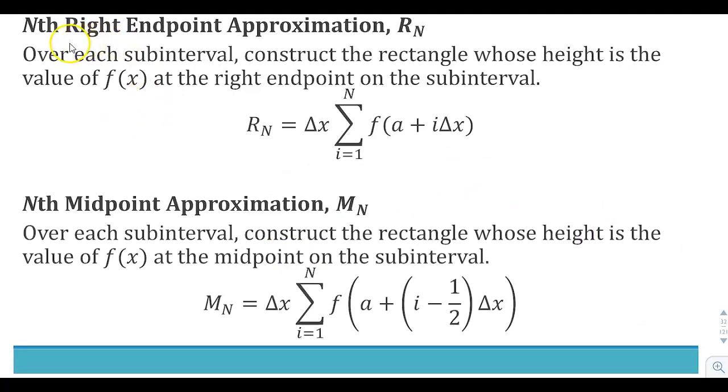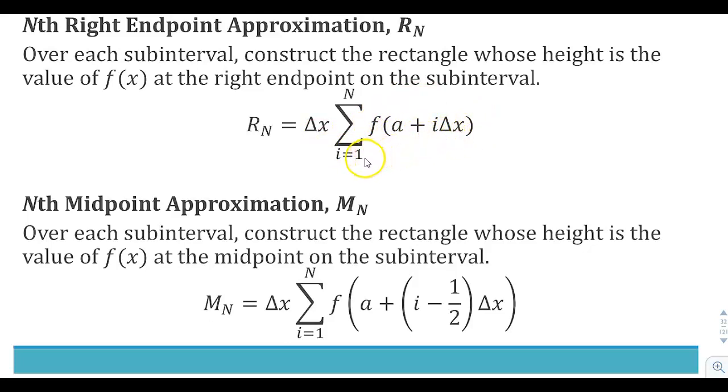Now we also have a right endpoint approximation R sub n and a midpoint approximation M sub n with their own respective summation notation formulas. And I just want to point out the difference. So I still have delta x because that width is still the same. And what's inside the summation, f of a plus i delta x, is the same as well.